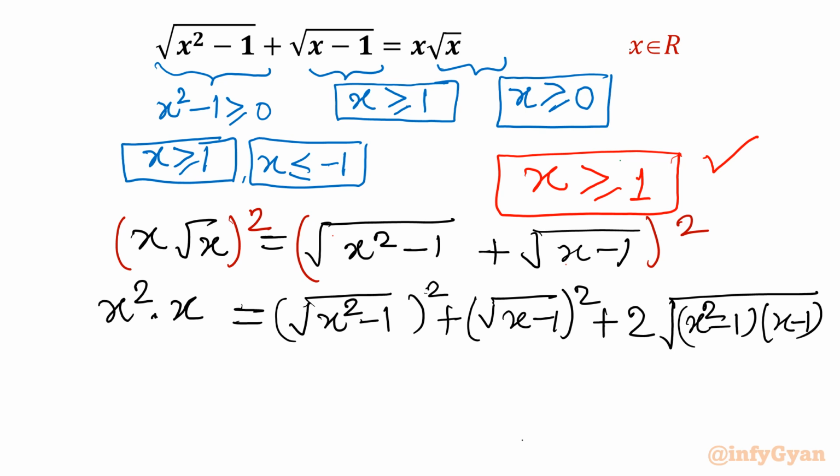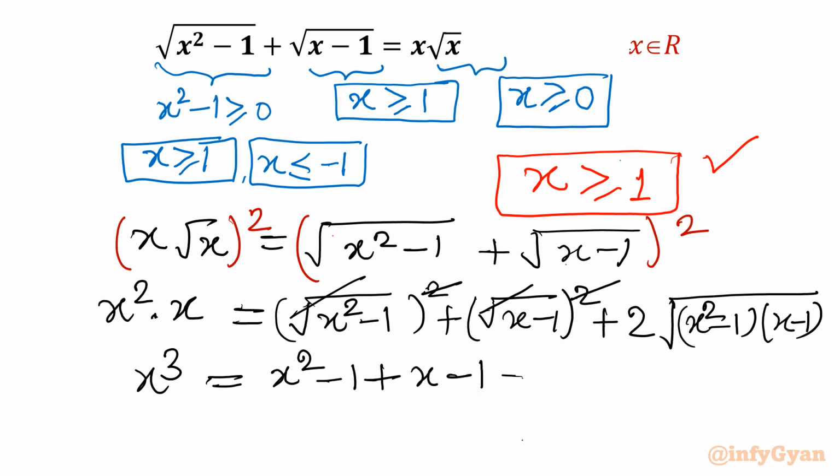Now you can easily cancel square and square root from these two terms. What is left? x cube equal to x square minus 1 plus x minus 1 plus 2 times square root of x square minus 1 times x minus 1.